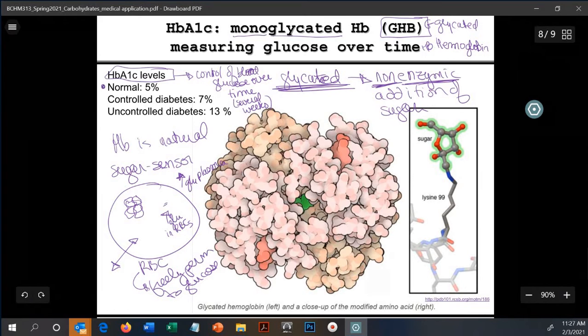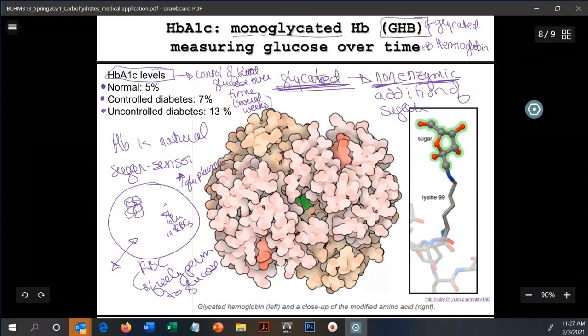Normally, in most individuals, HbA1c levels are about 5%, meaning that if you look at 100 hemoglobin molecules, about 5% will have a glucose attached, so glycated hemoglobin. People who have well-controlled diabetes have a slightly elevated HbA1c level, about 7%.